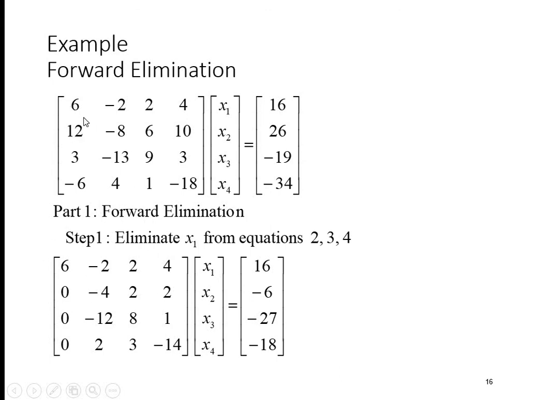As you can see, for this to be 0 from the first row, I need to multiply the first row by 2 and then subtract. Okay, let's say I multiply by minus 2. Times minus 2 plus this will give me a 0. Minus 2 times 6 is minus 12, plus 12 gives us 0. Then minus 2 times minus 2 is plus 4, minus 8 gives minus 4.